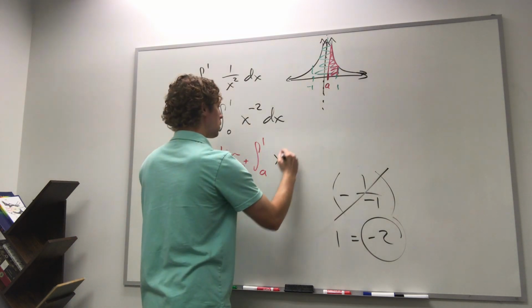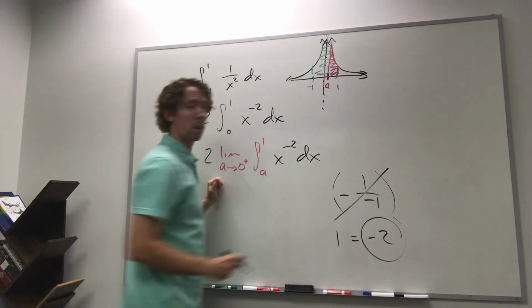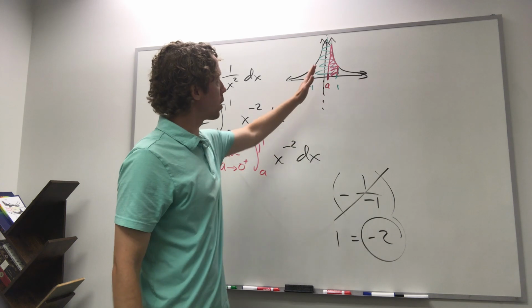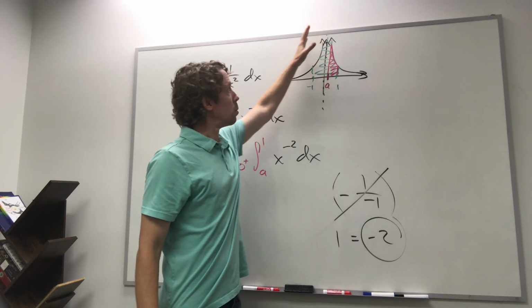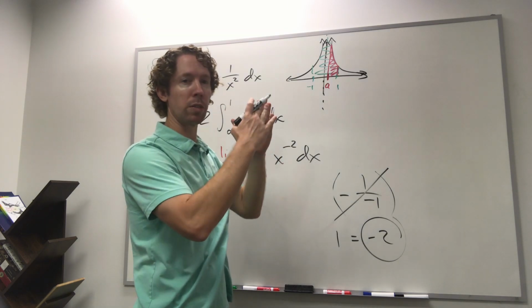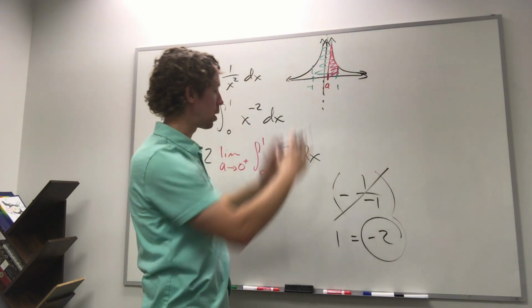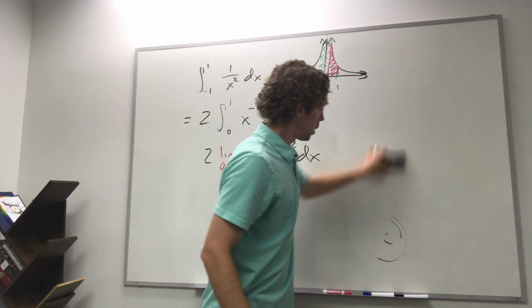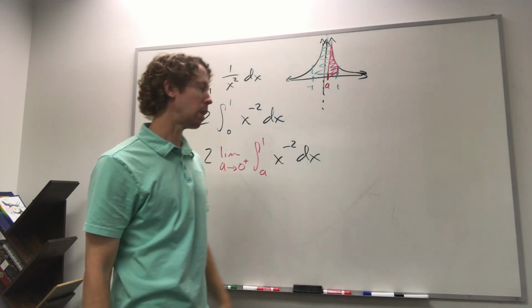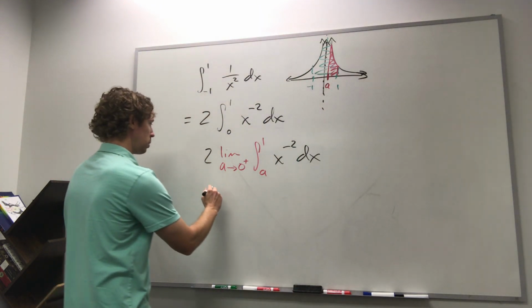And then we'll see what happens here. Notice it's possible that I'll get something infinite because this function is shooting up to infinity on the right and the left. But it's also possible that I'll get something finite that we can define nicely. Let's just see what happens.